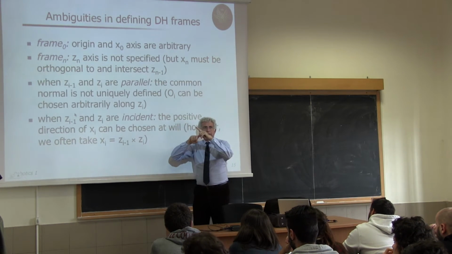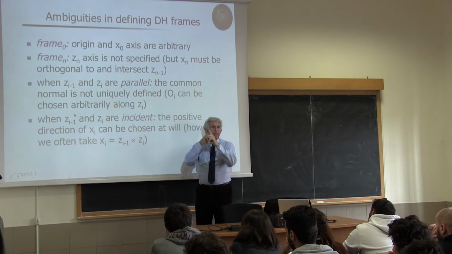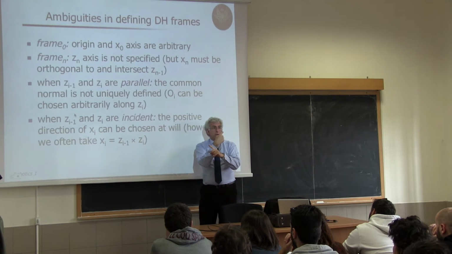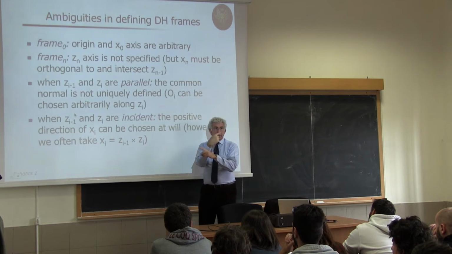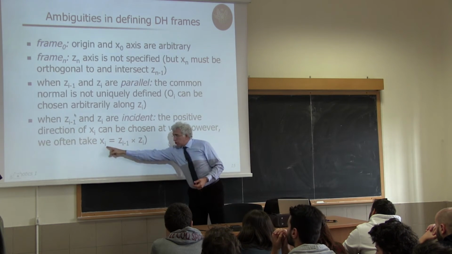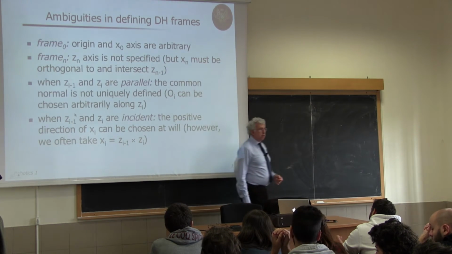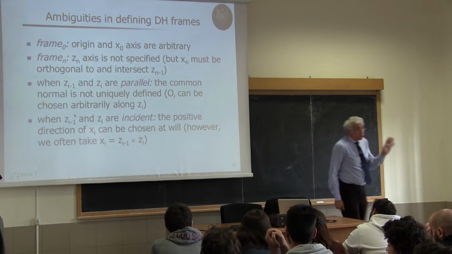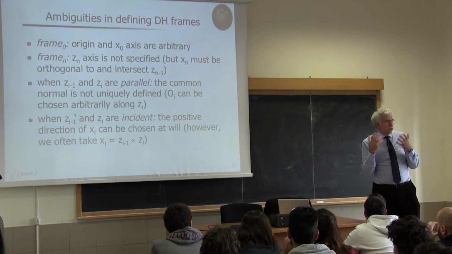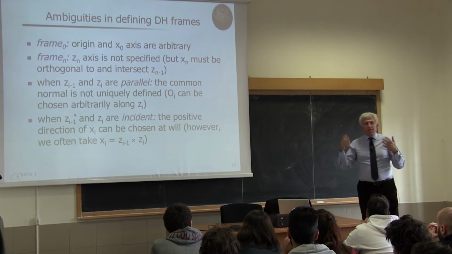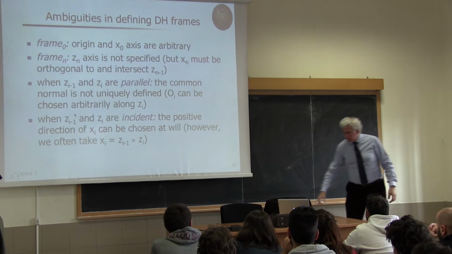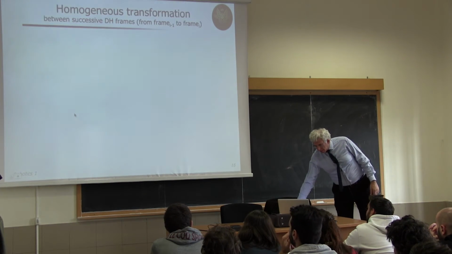So on one there is zi minus 1, on the other is zi, even if they are not orthogonal, they are in the same plane, so the vector product will be the out-of-plane common normal, and in this direction you will place also xi. This is just a choice. You can do whatever you wish, but it's good to use the same rule through the chain so that you don't get lost in single choices which are not consistent, although allowed.